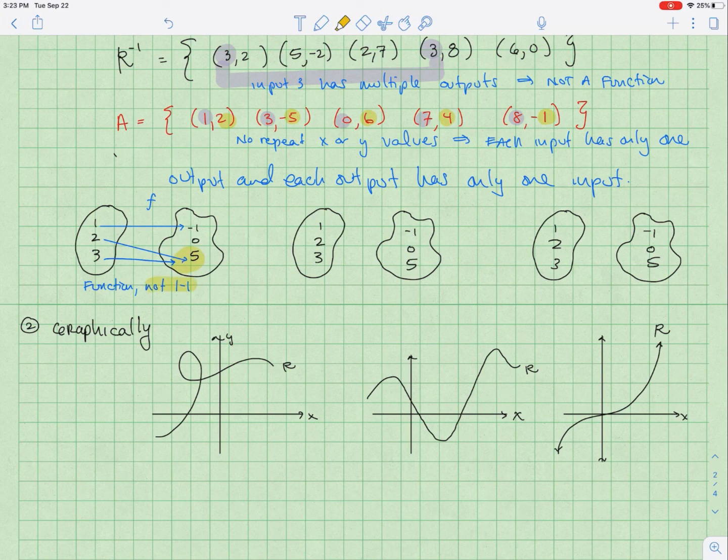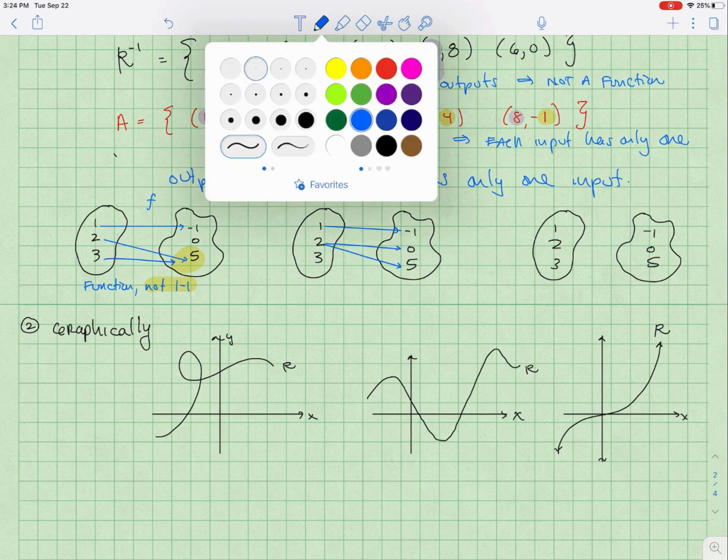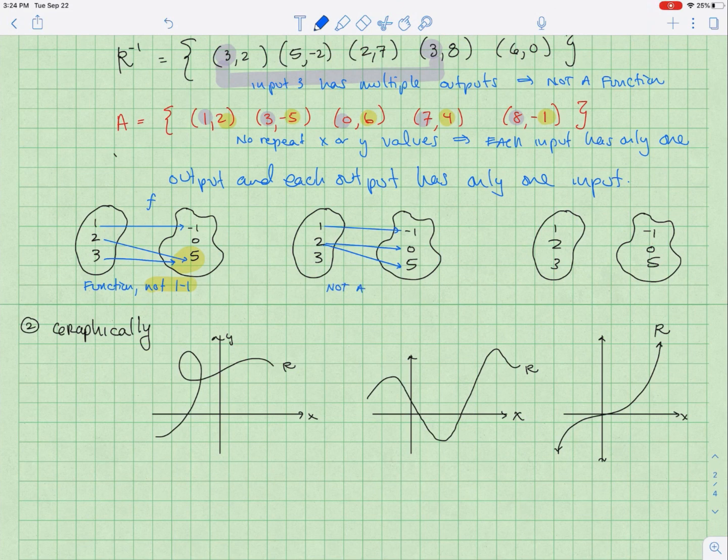Whereas if you had 1 maps to negative 1, 2 maps to 0, 2 maps to 5, this would not be a function. The reason is that the input 2 corresponds to two different outputs, 0 and 5, and so we have two arrows leaving the same value, meaning that it's not a function.